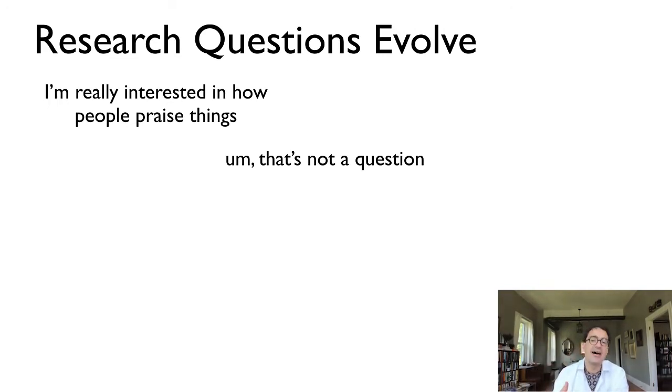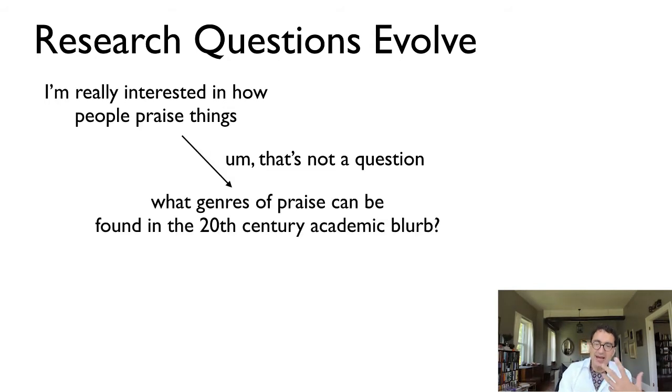But you work this out over time, and you might say, okay, look, I went to the cafe, I thought about this. Given the kind of data I have, given how much time I have, I think actually, you know what? Maybe I want to ask this question. What genres of praise can be found in the 20th century academic blurb?